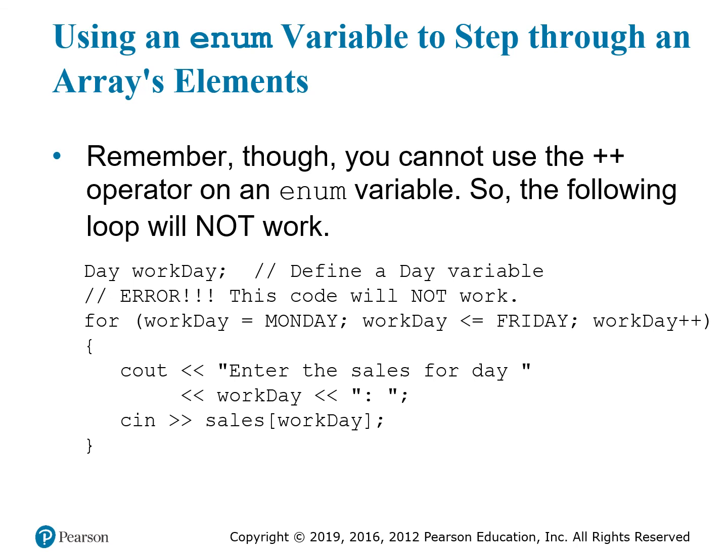Can we use that in a loop? Well, we can set workday equals Monday. We can say workday less than or equal to Friday. That's fine. The error comes when we try to do workday plus plus, because as soon as you plus plus it, it's promoted to an integer so that you can add 1 to it, and now it's a type mismatch.